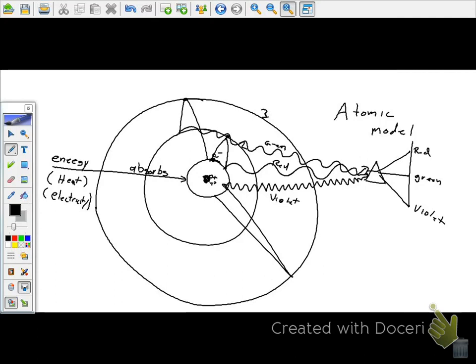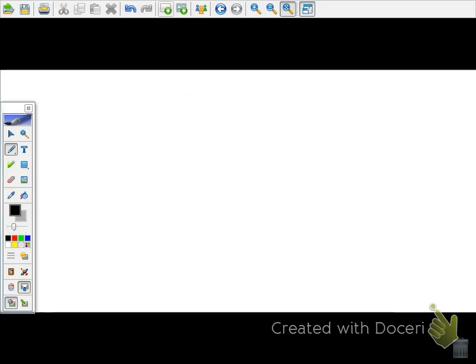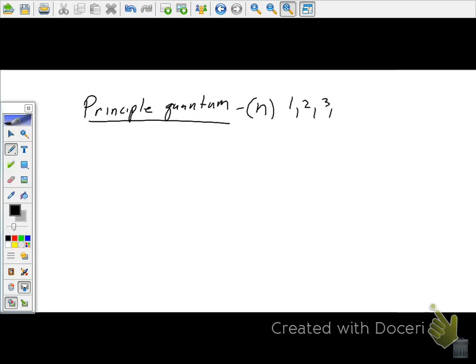So if you look at page 136, it talks about the principal quantum number. It's symbolized with the letter N. N is positive integers, so it can be 1, 2, 3, 4.